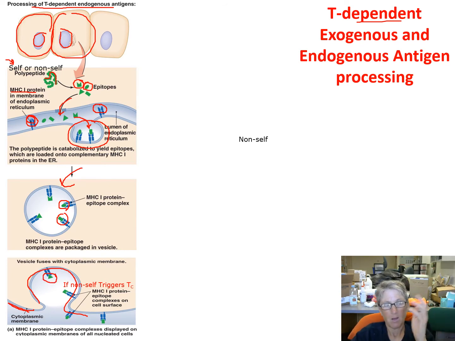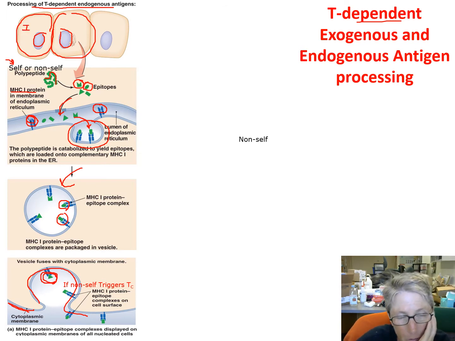Now, if a cytotoxic T cell comes by and with its T cell receptor recognizes this MHC1 epitope as foreign, then the cytotoxic T cell will kill this cell. What that means is this original cell was infected.